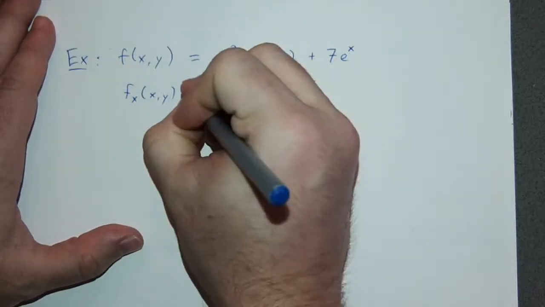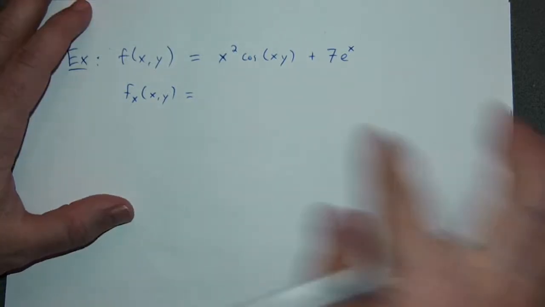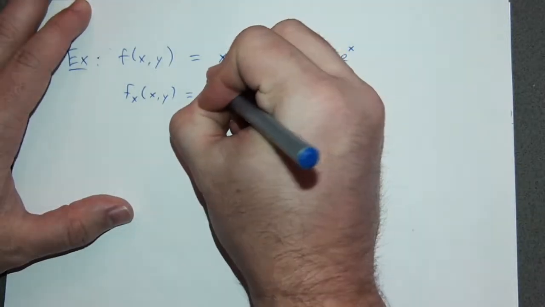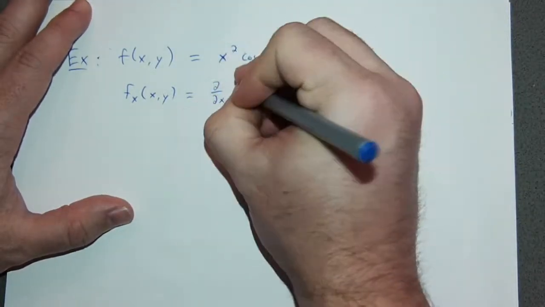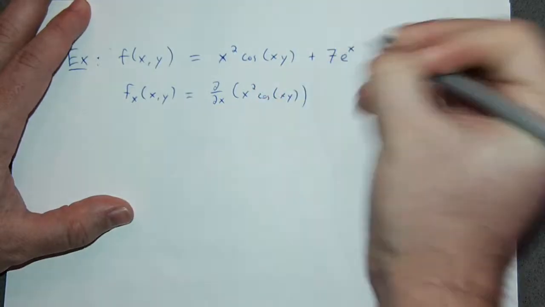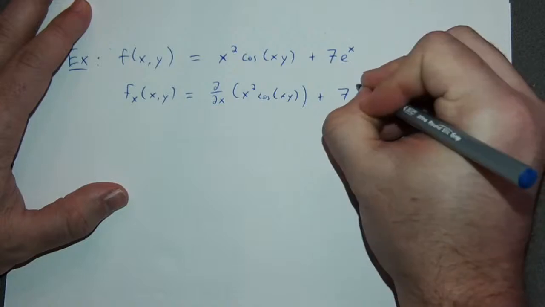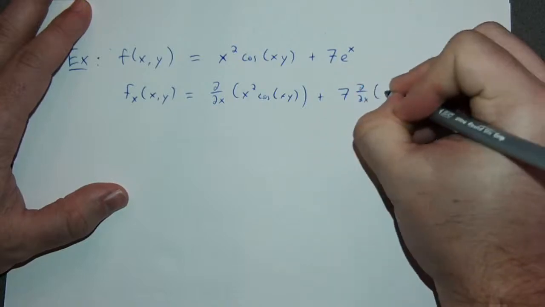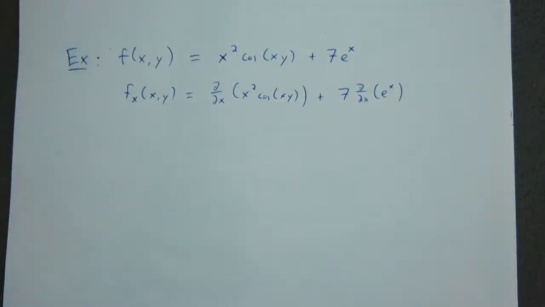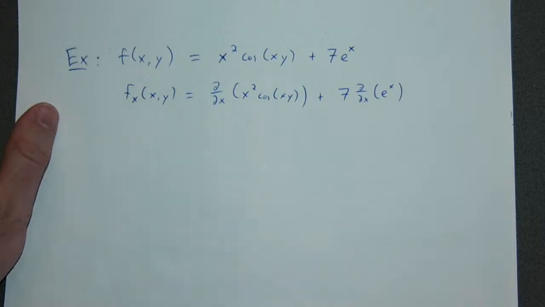So the x partial of f, what is that? Now it can help to write this out sometimes. So this would be the x partial of this quantity x squared cosine of xy plus, I can pull the 7 out, so this is 7 times the x partial of e to the x. And so I look at this expression, what do you notice?